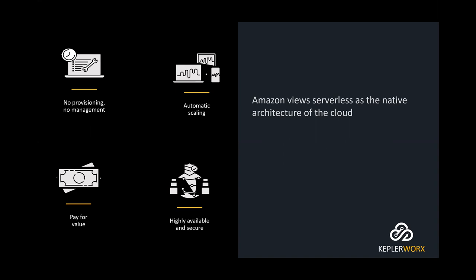It runs under the hood on small containers or virtualized environments, and it automatically scales by the number of requests you receive on your application, or API calls, or the load on your application. You pay for value, and we'll see how that works. It's highly available and secure as well.